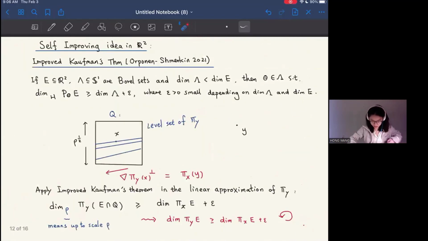If not, then I will use one slide to illustrate the main idea in the proof of our first theorem, that is, the self-improving idea in R^2. Before that, we still need to see another theorem by Orponen and Shmerkin. That is an absolute improvement over the Kaufman projection theorem we have seen.